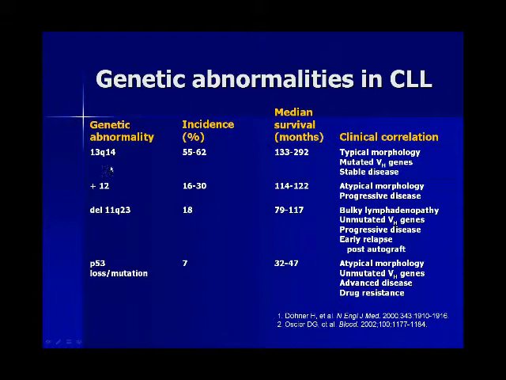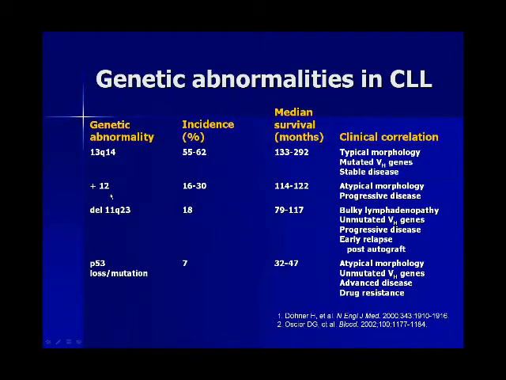So that's a particular genetic abnormality which occurs in CLL, and you can see up to 2/3 of people will have that abnormality. And in this situation, 13 is lucky rather than unlucky, because people who have this abnormality tend to have good survivals, as you can see here, 300 months, maybe up to 10 years on average survival with this abnormality.